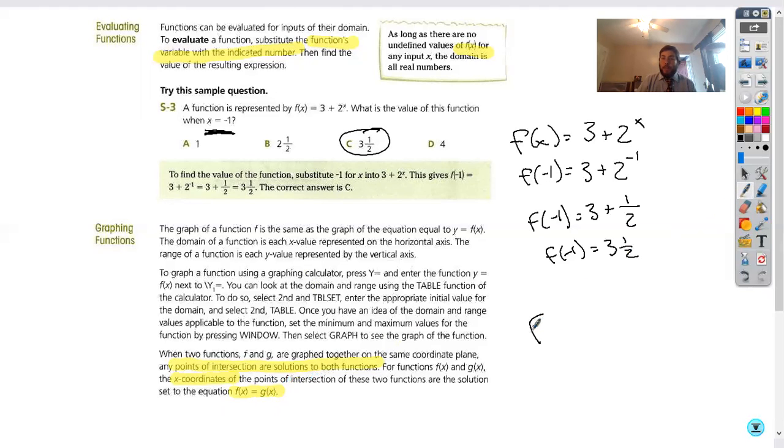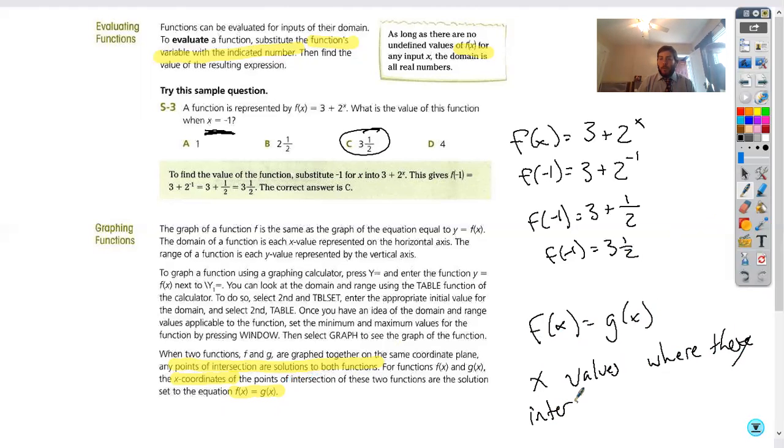So if they want to find where f of x equals g of x, we're looking for the x values where they intersect. All right, so we don't care about the y values where they intersect. We're looking for the x values where they intersect.